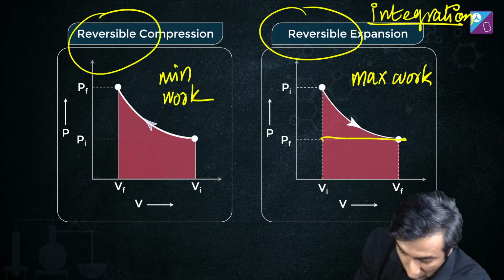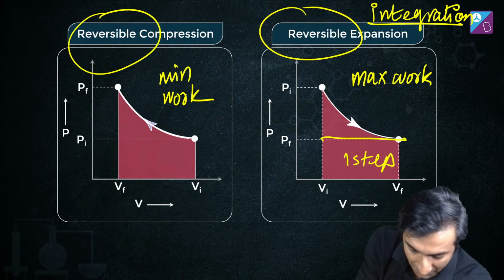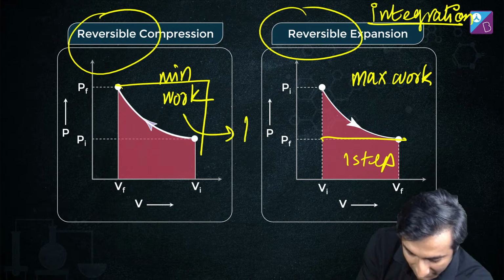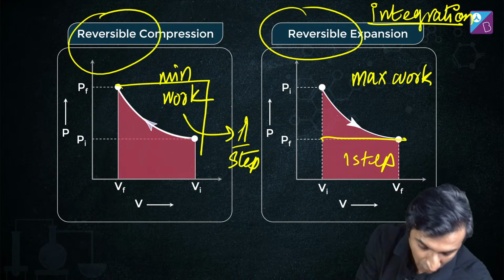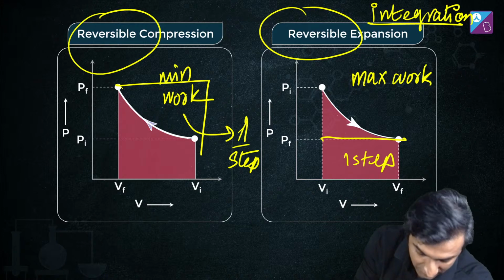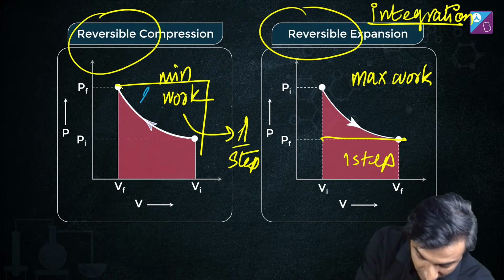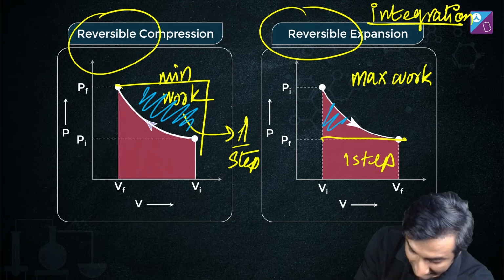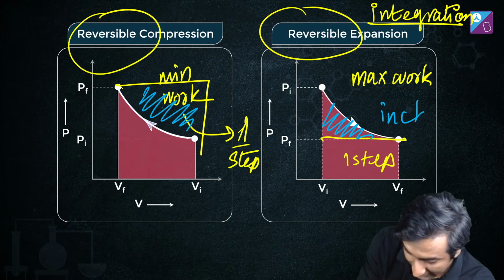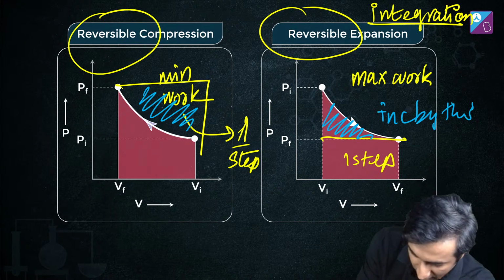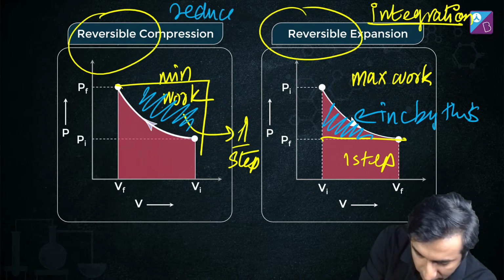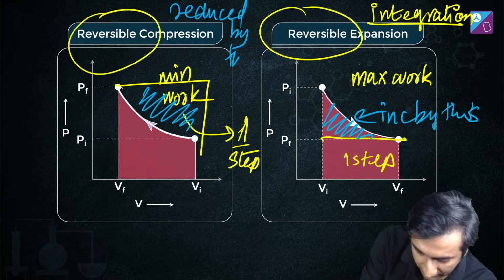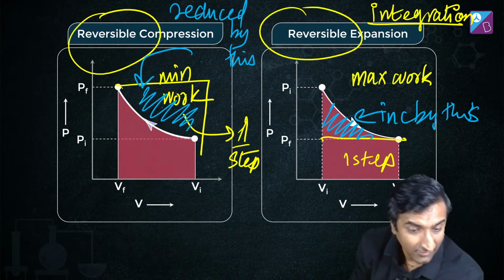For example, 1 step, to give you a comparison, is 1 step for both of them. If I go to infinite steps, look how much less it has become. It has reduced by this much. Let me use a different color. This is increased by this much, and this has reduced by this. Do you follow this theory?